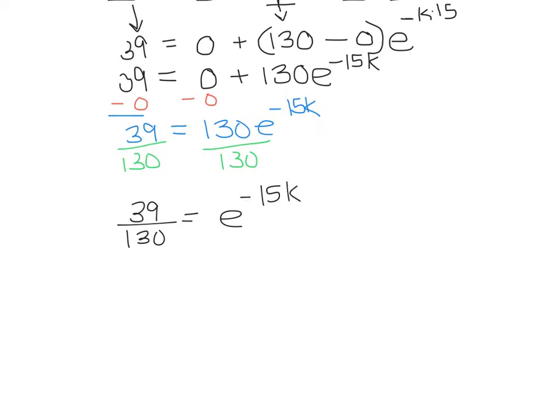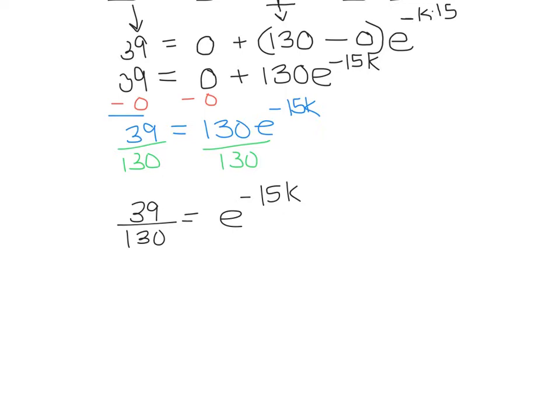Now here's where most students say, I have no idea what I'm doing, because you have this exponential equation, it's raised to this power, you are trying to find the k that's up in the power, and you don't know what to do. So what you have to remember is that the inverse operation of an exponential is a logarithm.